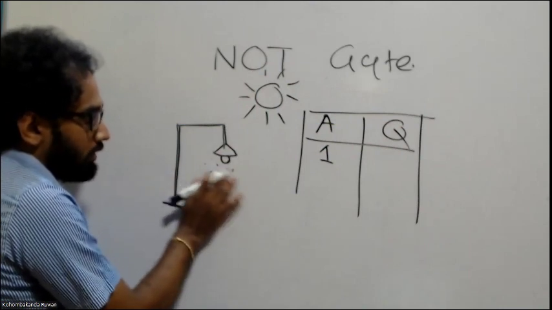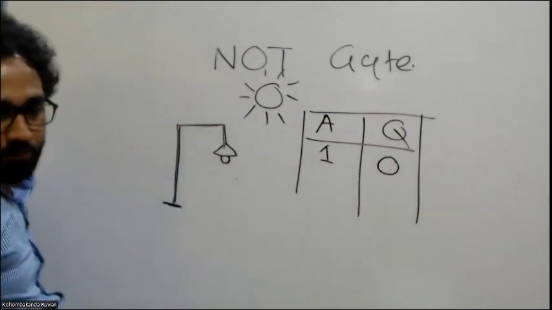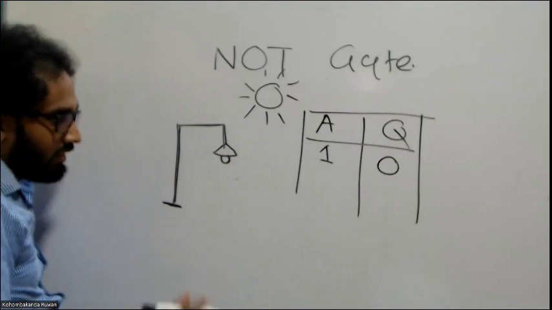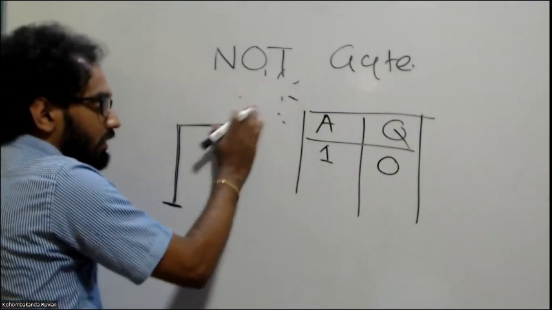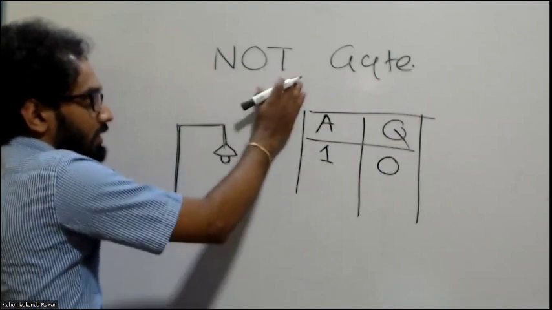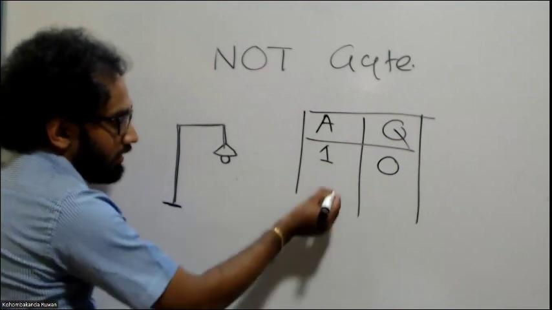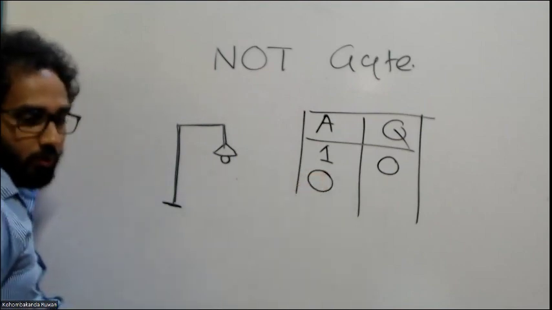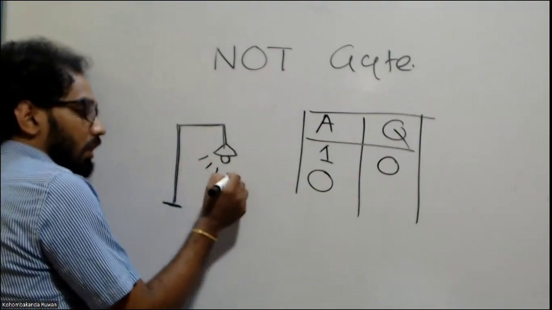We have to switch off this one. That means Q is 0. Next, when the sun is setting, you can see it is night. That means A is 0, and Q is 1. Now we have to switch on this bulb.